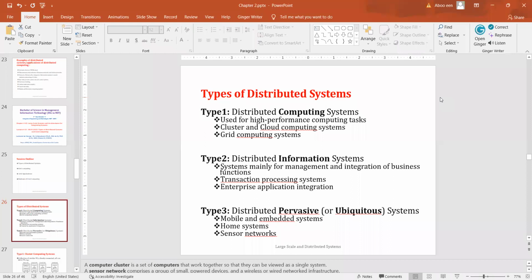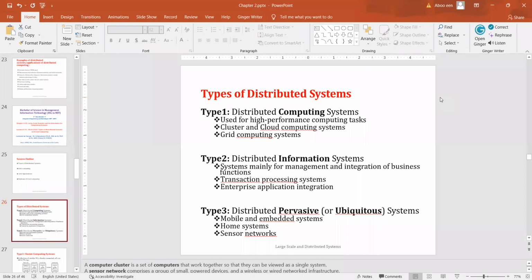So what are the business functions? The routine business functions of a business enterprise, let's say routine operations like manufacturing, marketing, accounting and finance, HR related activities, and sales.